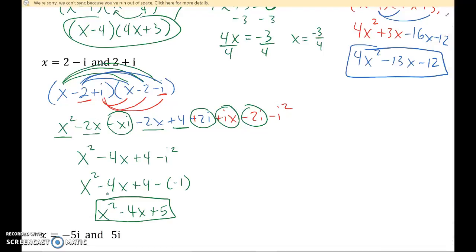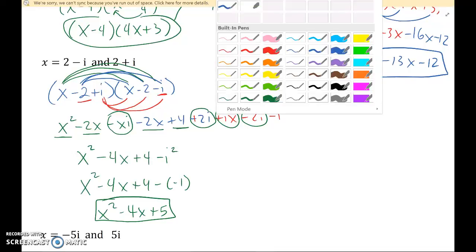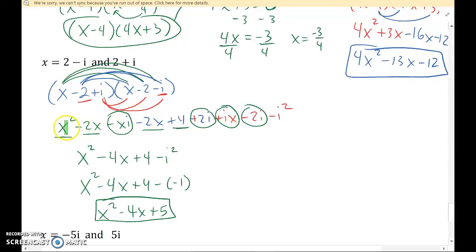Now, to challenge you here, if you look at the pieces that we kept, this, this, this, and this, these 4 pieces come from x minus 2 times x minus 2.